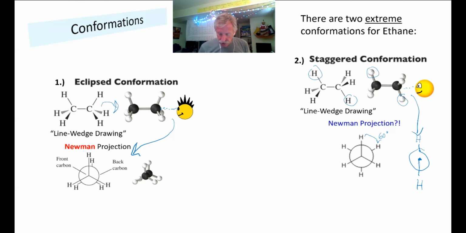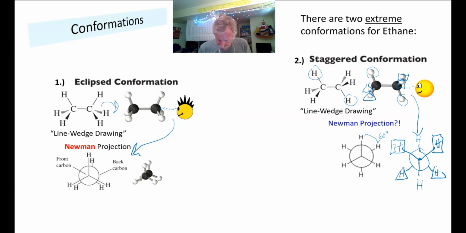Okay, so my final Newman is going to have the front carbon with these two hydrogens here and here, and the back two hydrogens coming off the back carbon are going to be here and here.